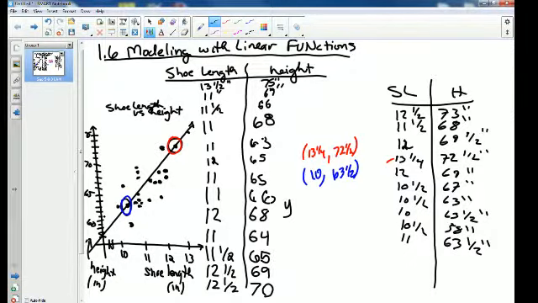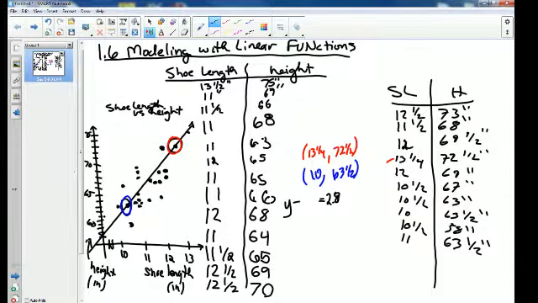What's the slope? 9/325. That is pretty ugly. Did anybody get a decimal like 2 point something? 2.7. 2.8. 2.8 is good enough in this case.